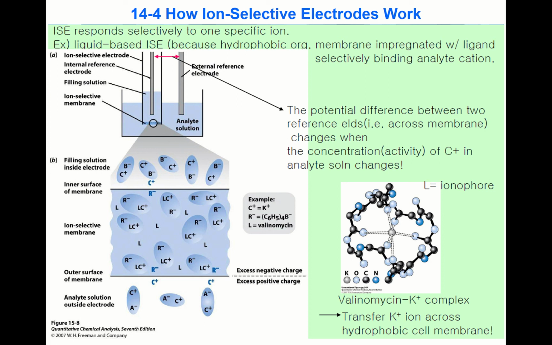Yeah, the next topic is how ion selective electrodes work. The basic principle behind ion selective electrodes is potentiometry. That means you measure potential change with respect to the concentration change. There is virtually no current flowing in ion selective electrodes.